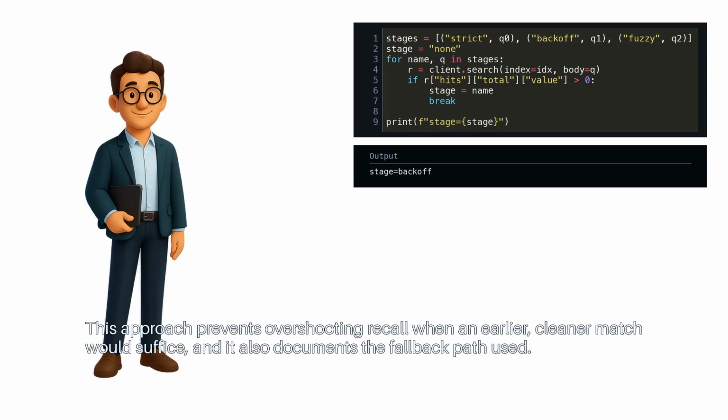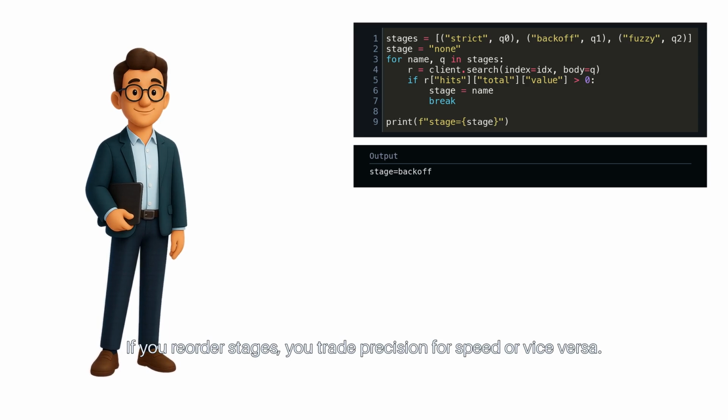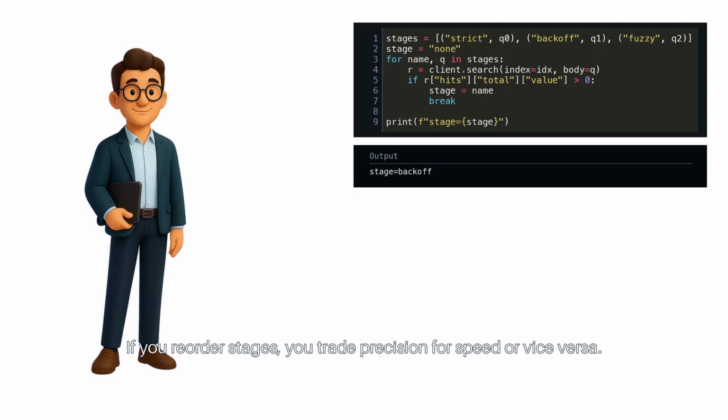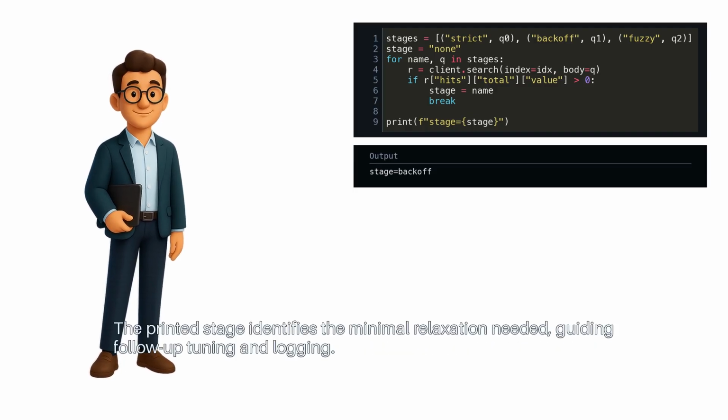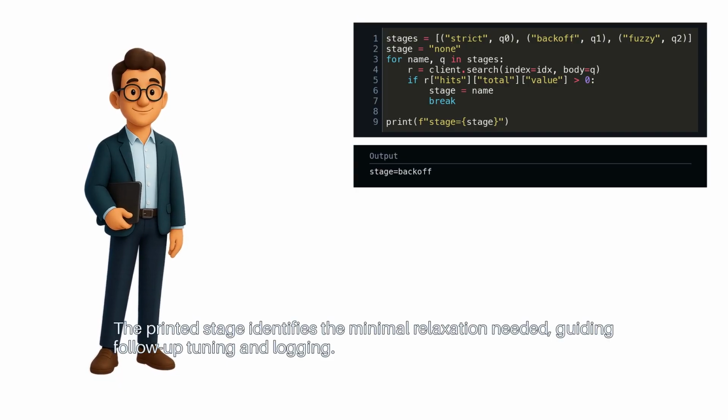This approach prevents overshooting recall when an earlier cleaner match would suffice. And it also documents the fallback path used. If you reorder stages, you trade precision for speed or vice versa. The printed stage identifies the minimal relaxation needed, guiding follow-up tuning and logging.